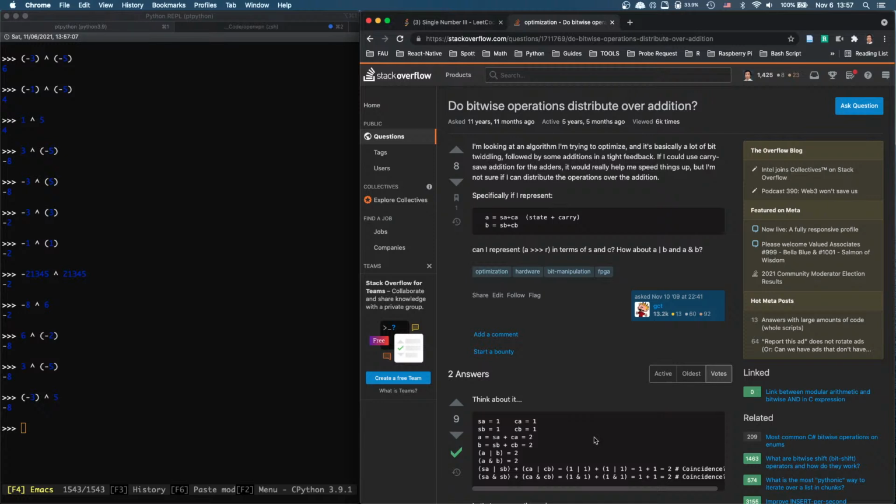Hold on. What if we take times 2? That gives us 2, 4, 6. And minus 1, 5. What we get is 2 minus 5. No, that still doesn't mean anything.